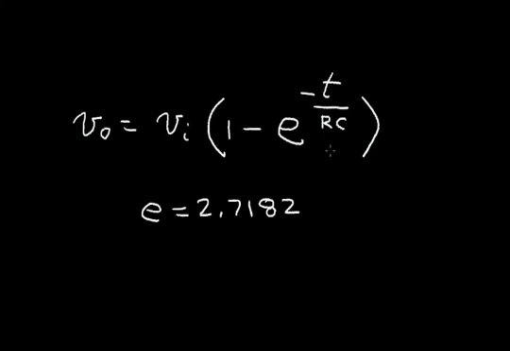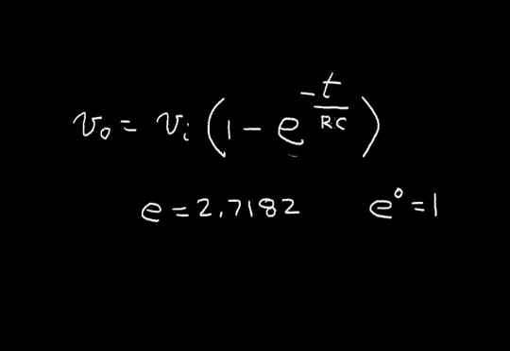So let's look at this equation. For example, at t = 0, what does it tell us? At t = 0, we know that the exponent is raised to the 0 power, which is equal to 1. So this second term becomes 1. 1 minus 1 is 0. So 0 times V in gives us a V out of 0.